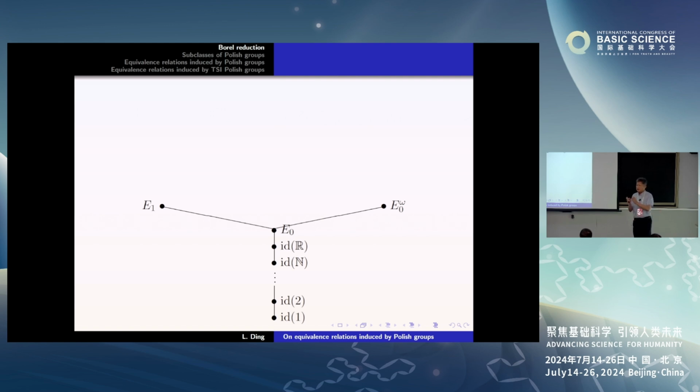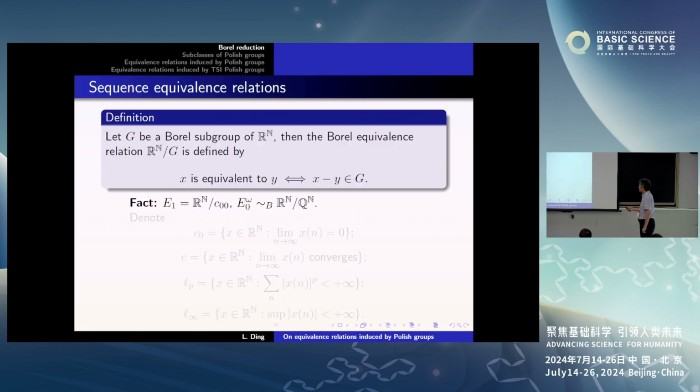All these dichotomies say that there is no equivalence relation between two points. We know there are some other dichotomies, fifth, sixth, and seventh, but they are too complicated. Today we don't talk about other dichotomies. Let's go on.